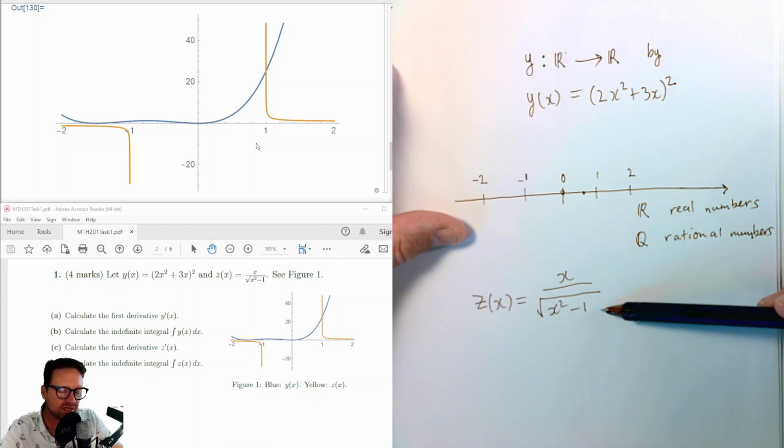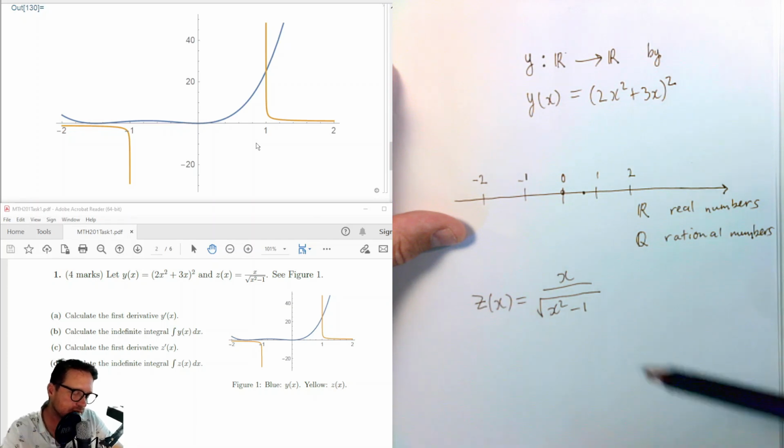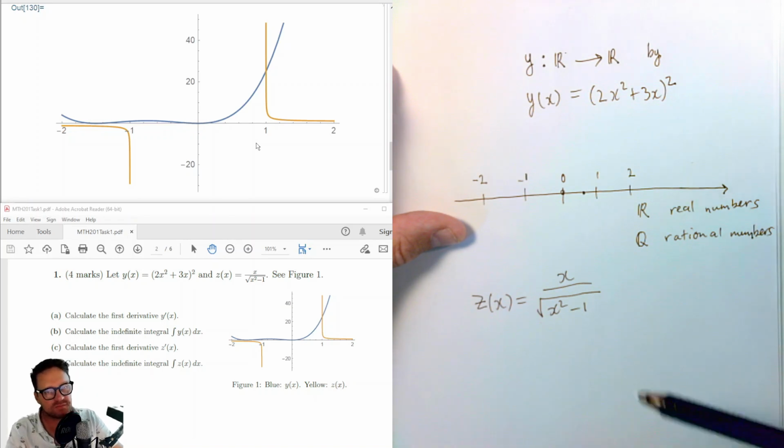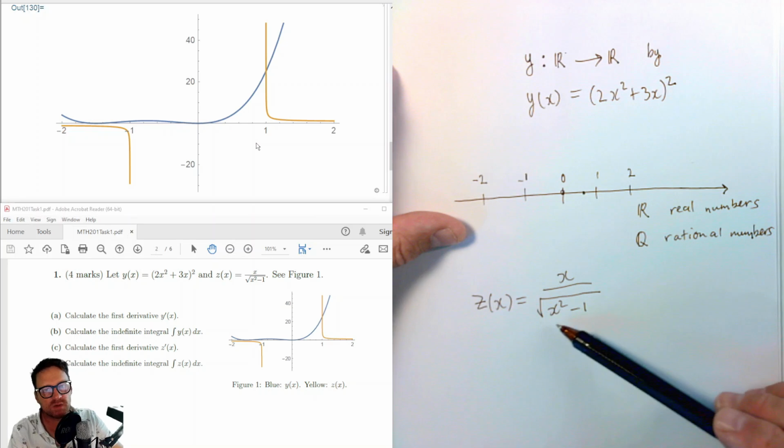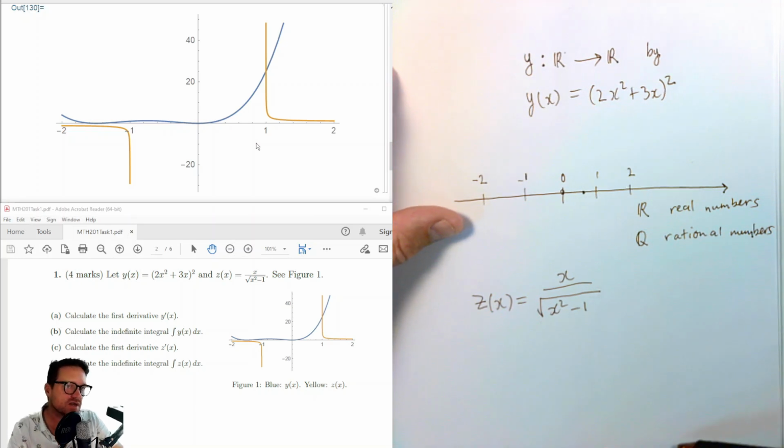So looking at real valued functions here, we need that number inside the square root to be positive. Now if x is equal to 1, then we have a 0 denominator, which is also not acceptable. And you can see what happens as we approach 1. We get values of positive infinity on this side and minus infinity on this side.